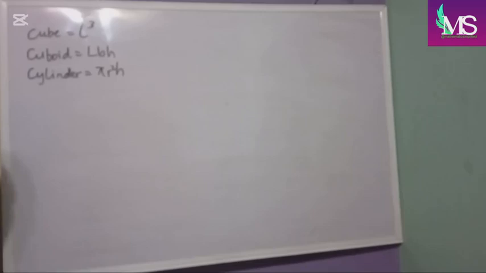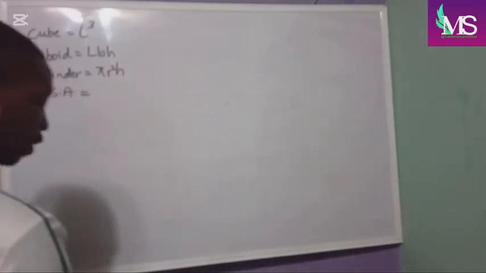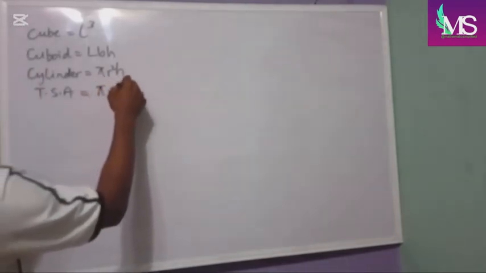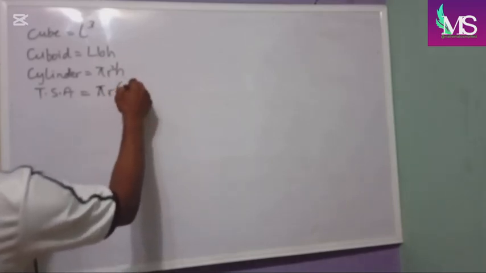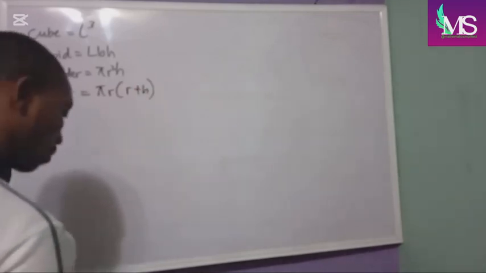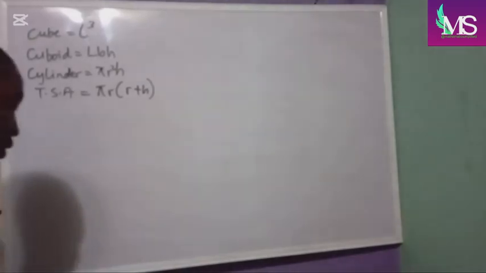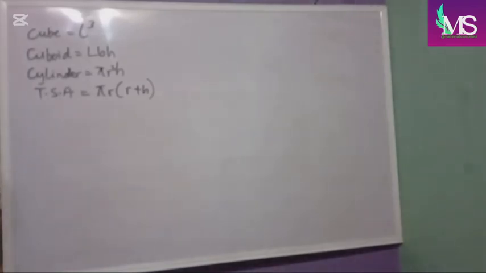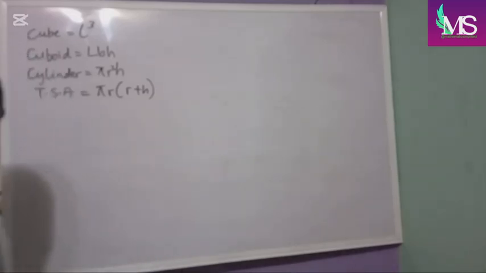Alright, and for the total surface area of a cone, which is TSA, we have it as pi r bracket r plus h, or h plus r. Some call it L, some call it h, so whichever you feel comfortable with. And we looked at pyramids.